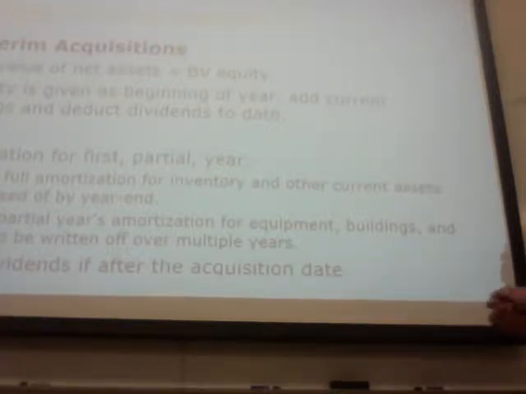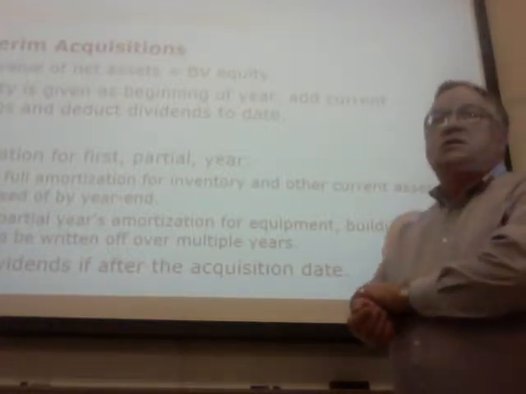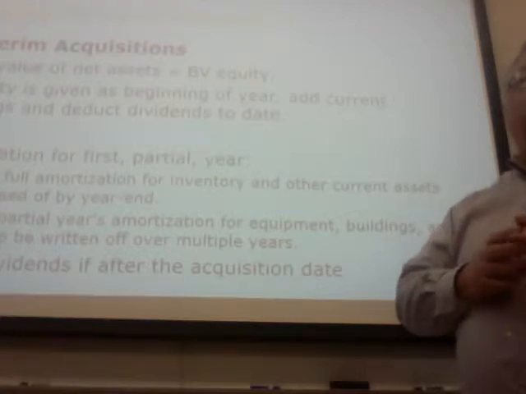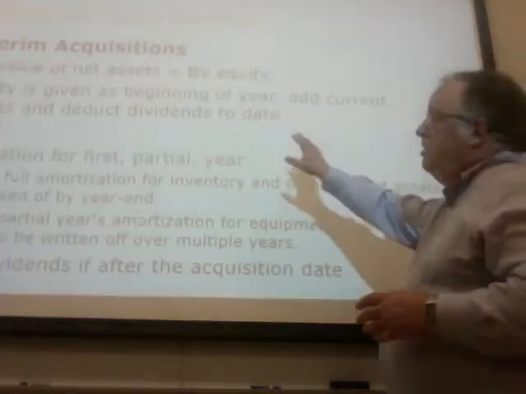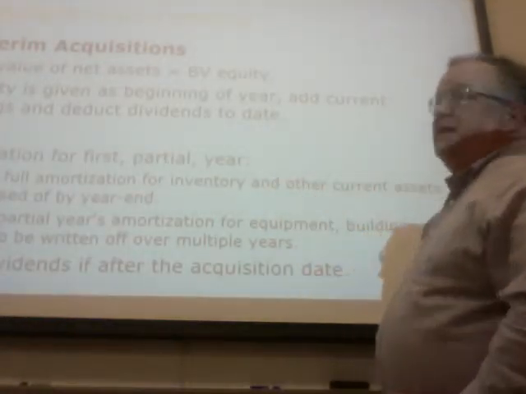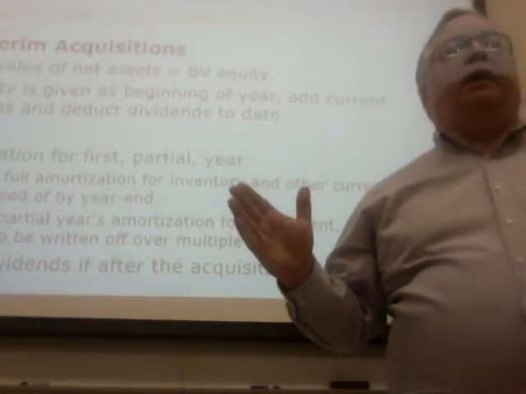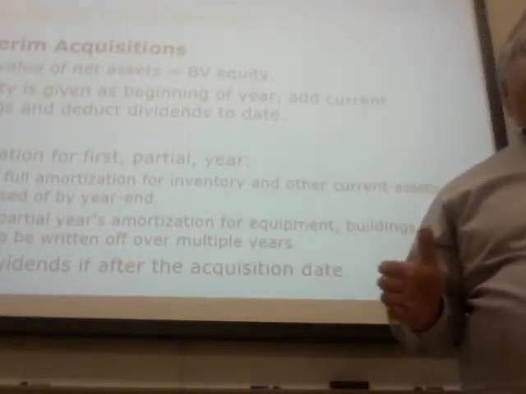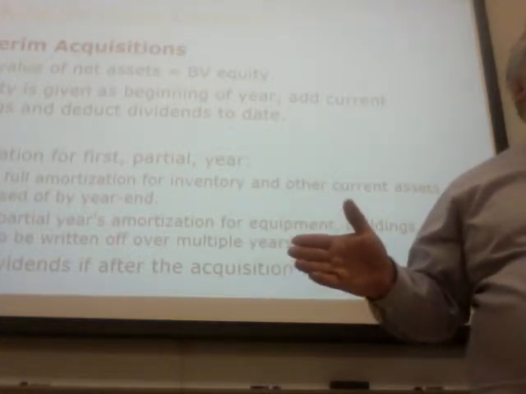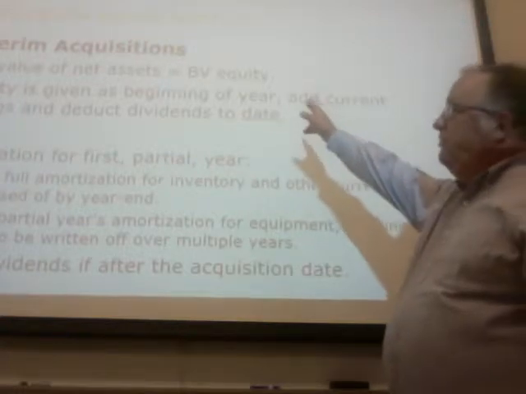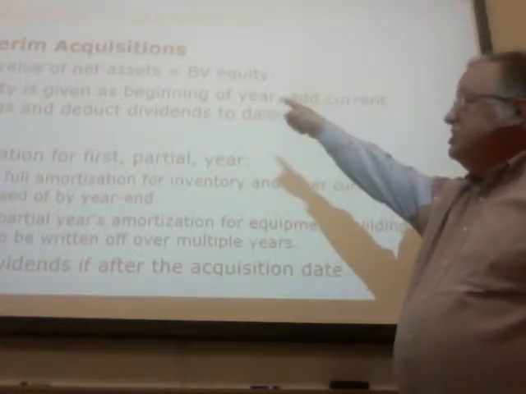Okay, interim acquisitions. We'll work on these later. There may be a problem or two that we have here in Chapter 2 and 3. We'll work on these quite a bit later in this course. Book value of net assets on an interim date, meaning our acquirer has a calendar year end. They buy somebody on June 30th, right? We're halfway through the year. Again, we're going to look at the book value of net assets as of the acquisition date.